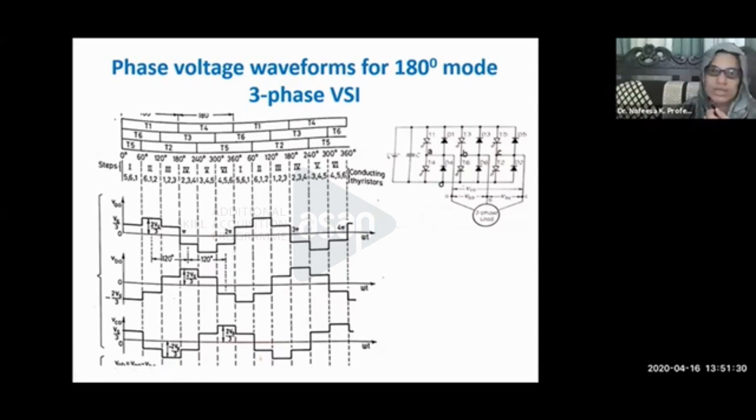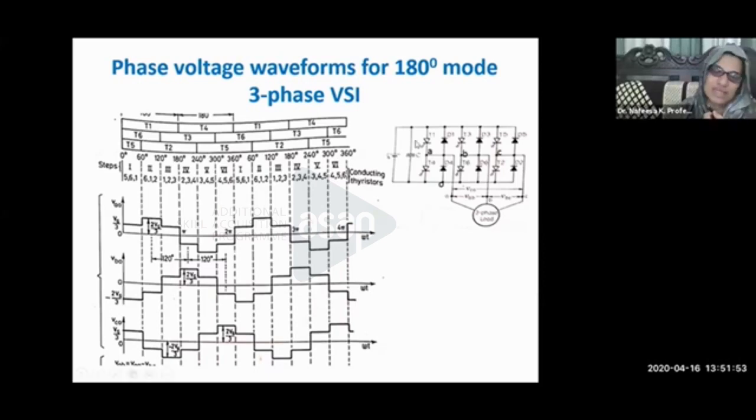Now we will see the waveforms of the 180-degree mode of operation. As I already said, each thyristor conducts for 180 degrees, and the firing sequence is such that after each 60-degree interval, the next thyristor fires.